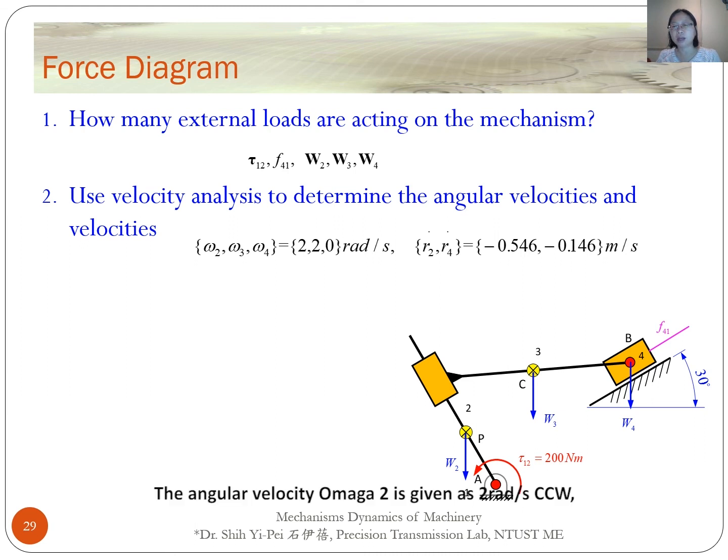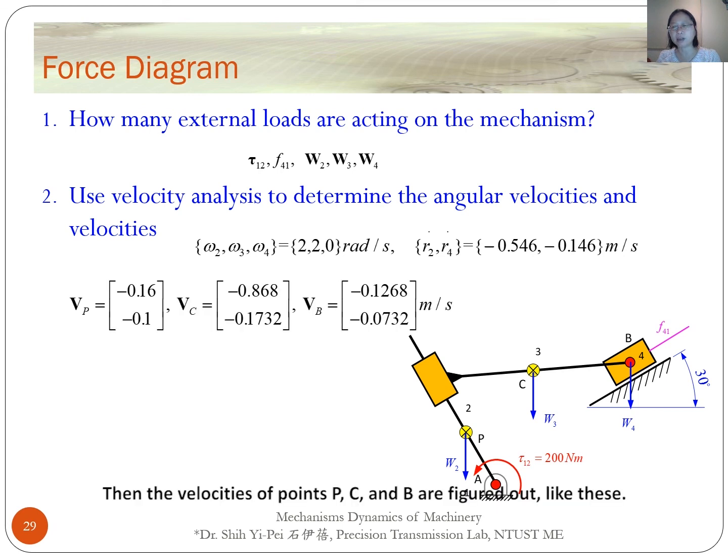The angular velocity omega2 is given as 2 radians per second counterclockwise. Using velocity analysis, we can determine the angular velocities and the velocities of block along the slope and the link too. Here we know omega3 equals omega2.